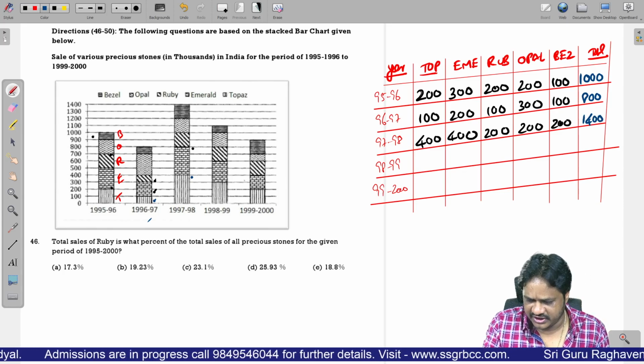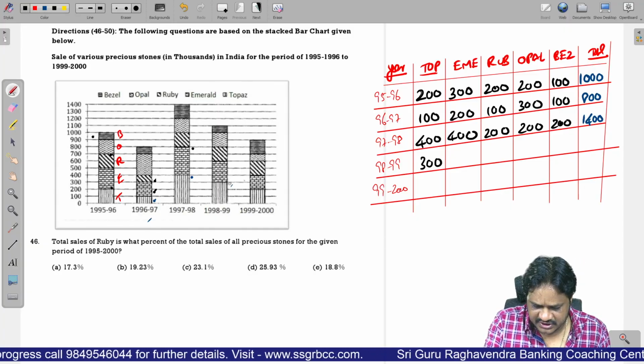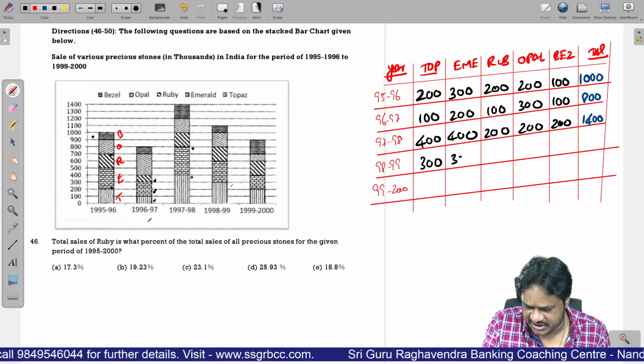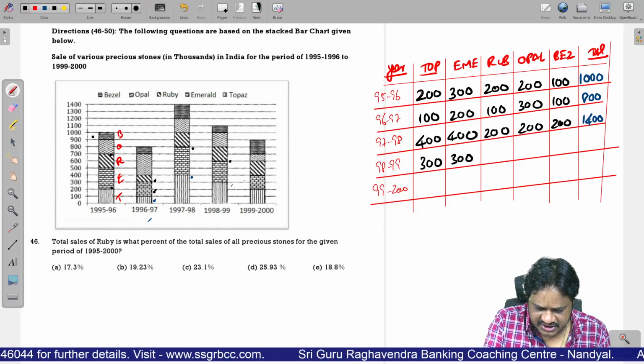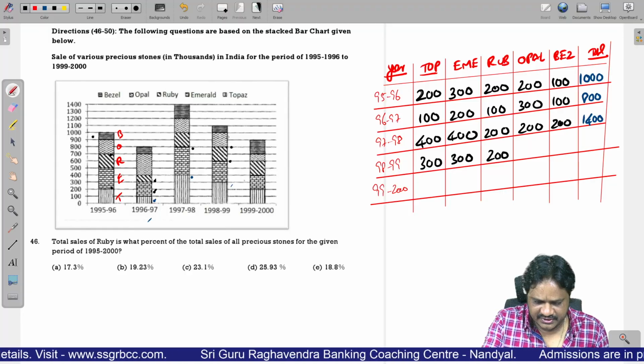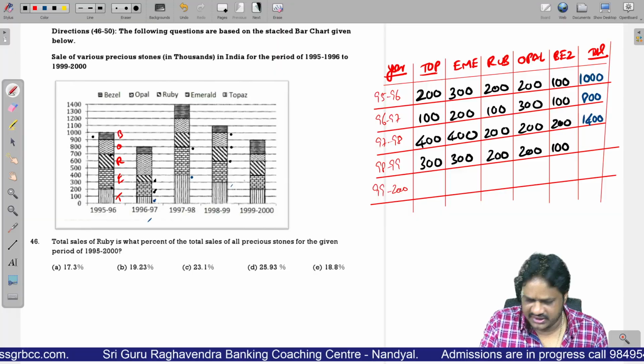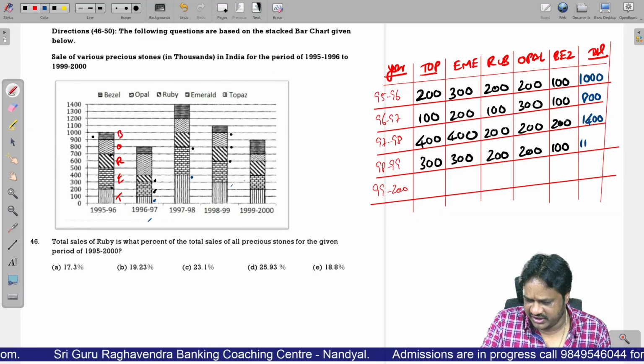Then 98, 99. The first one is exactly 300. The next one is from 300 to 600, again 300. 600 to 800, that is 200. Then 800 to 1000, that is again 200. Then 100. So the total is 1100.